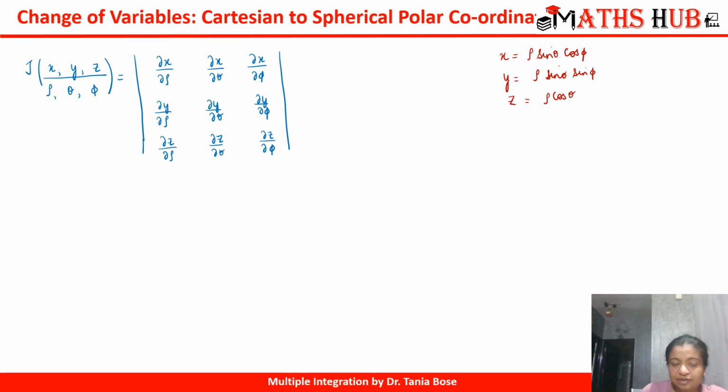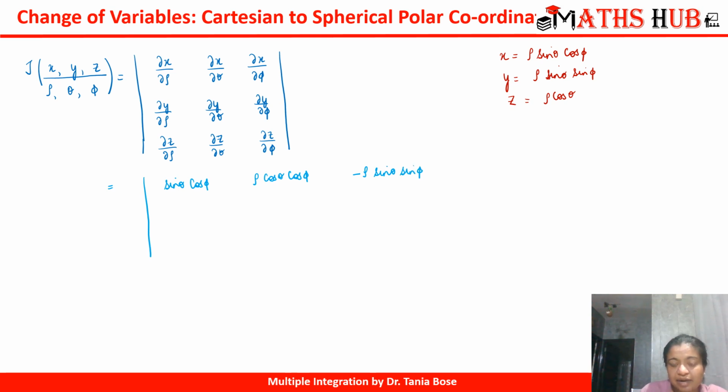So let us put the values in this determinant, and what do we get from here? Del x by del rho will become sine theta cos phi. Then we have del x by del theta will become rho cos theta cos phi. Then del x by del phi will become minus rho sin theta sin phi.